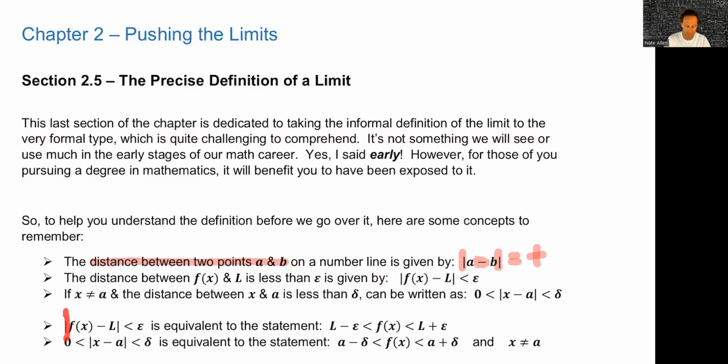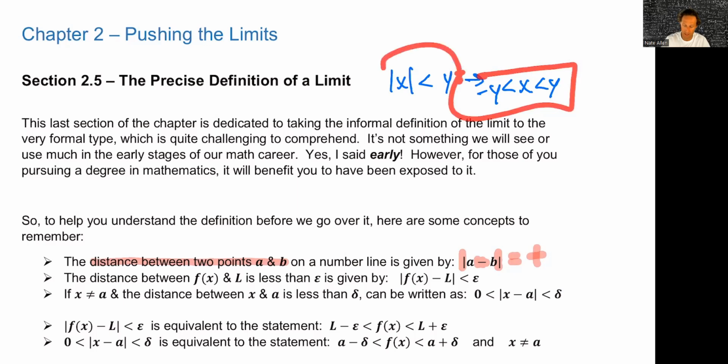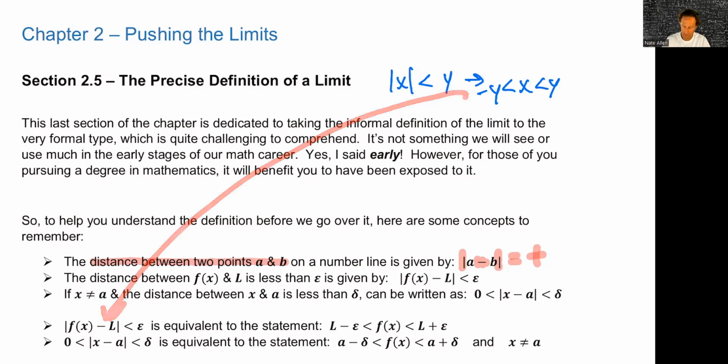And if we took our definition of absolute value, which is, the absolute value of x is less than y, well, we know that that means x could be less than y and greater than negative y. So with that being said, we can take that idea that we learned way long ago in algebra, and we can apply that to these types of symbols, where if it's less than epsilon or less than delta, we can squeeze it between the negative delta and the delta, and the negative epsilon and the epsilon.